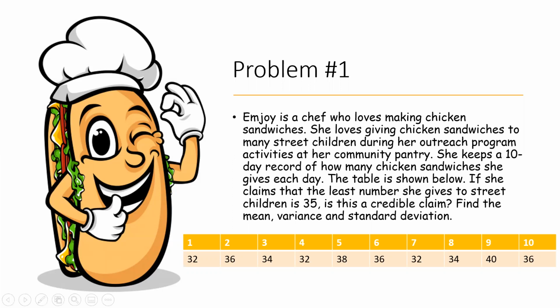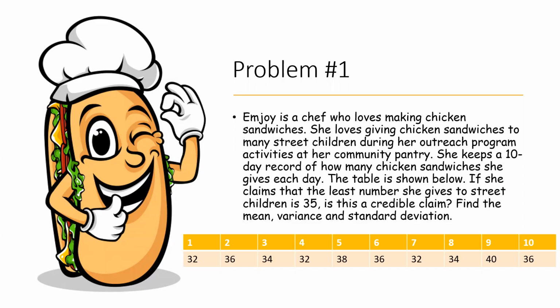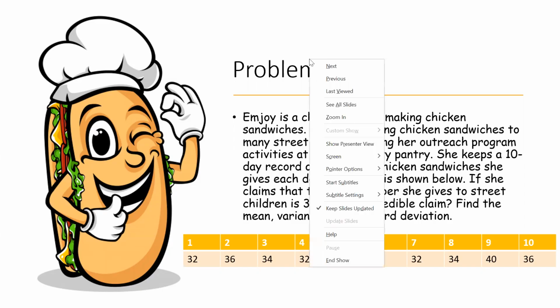Find the mean, variance, and standard deviation. So what we are going to do here is count how many 32s, 34s, 36, 38, and 40. Why? It's because we do not know the probability distribution yet.